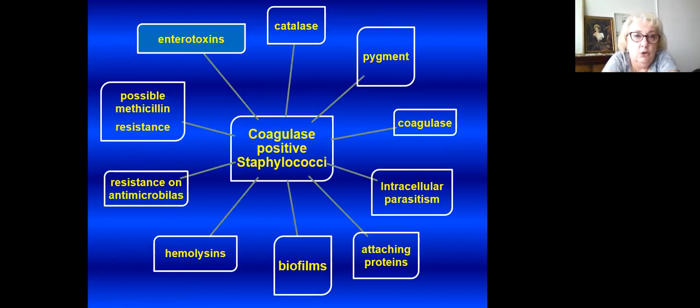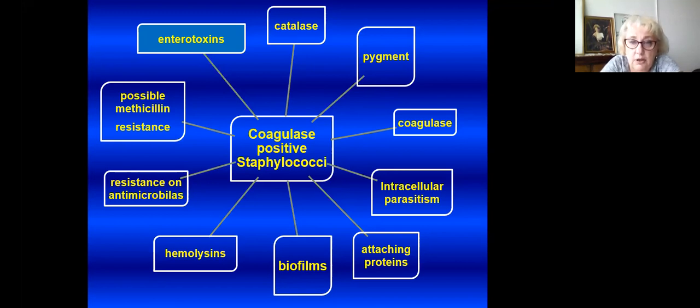Coagulase-positive Staphylococcus shows many mechanisms by which they invade and persist in the tissue. By producing catalase, they could survive in neutrophils. Also the pigment, especially carotenoids, is very necessary for them under stress.